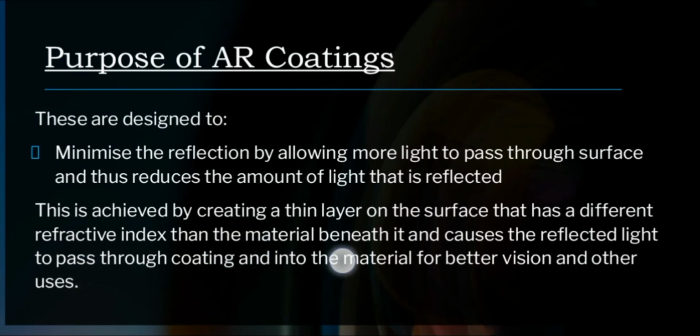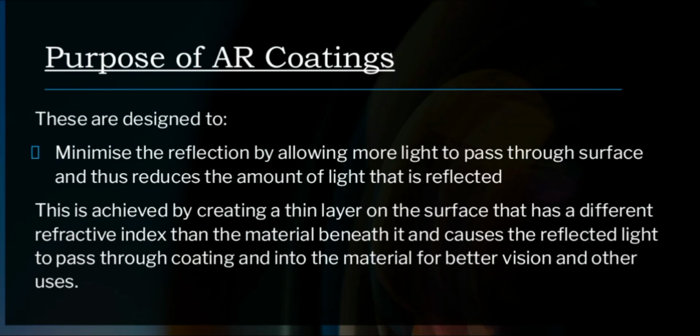So this is achieved by creating a thin layer on the surface that has a different refractive index than the material beneath it, and it causes the reflected light to pass through the coating and into the material for better vision and other uses. So when the glare is reduced, when the patient does not feel glare problems or discomfort, he will ultimately have better vision due to the more refraction of light, the more light that is passing.